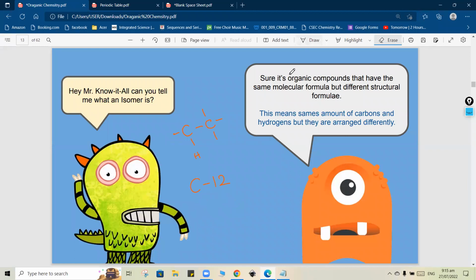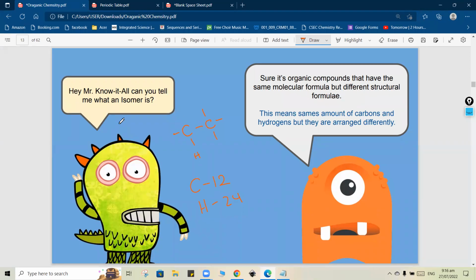What we can do is rearrange the carbons and hydrogens, but even though we rearrange them, at the end of the day, it still has the same amount of carbons and hydrogens. The arrangement alone is different. That different arrangement is called an isomer.